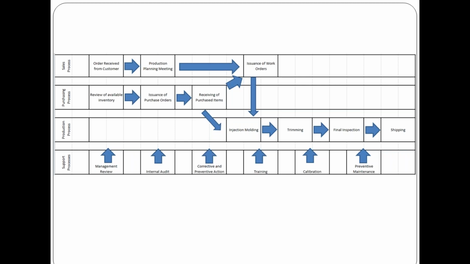But they kind of meet in the middle, so to speak. We have receiving of purchased items, which enables the issuance of work orders, and then all of that kind of culminates in the injection molding that starts off the production process. And then again, of course, support, kind of providing general support to the other 3 core activities here.